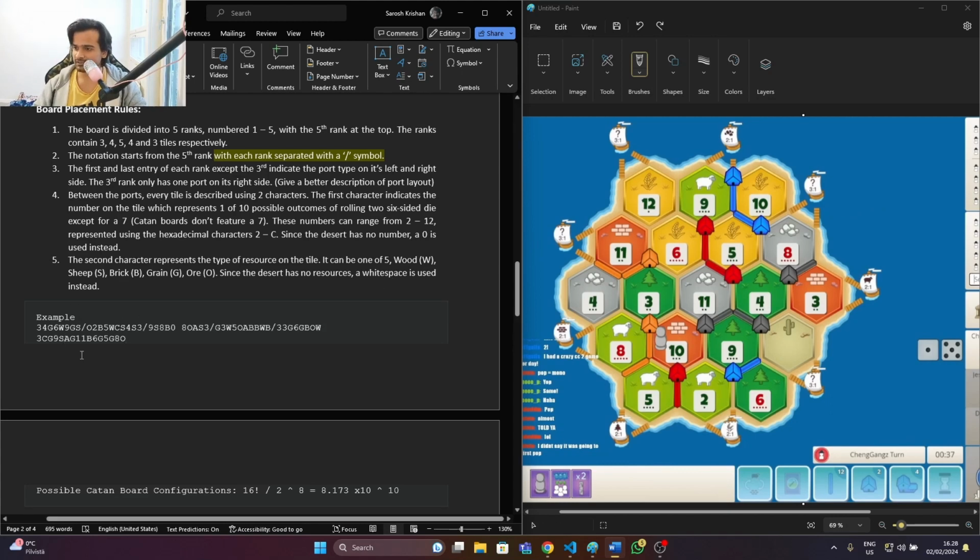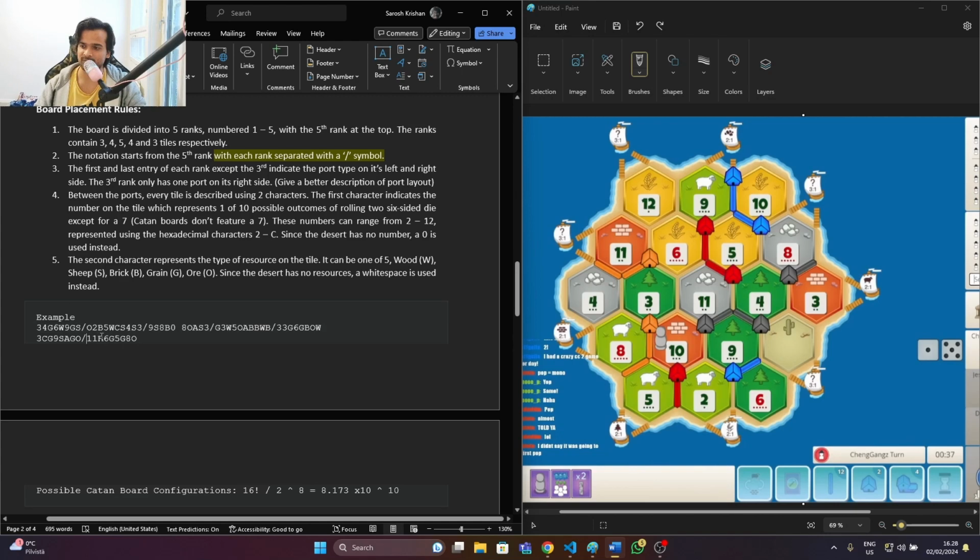So after the 10 grain, we were supposed to do this port right here. That's the OR port. And then we should have a slash according to the rule, but I'm thinking we can do it without the slash, because the number of characters is always going to be the same, so we don't really need the slashes.